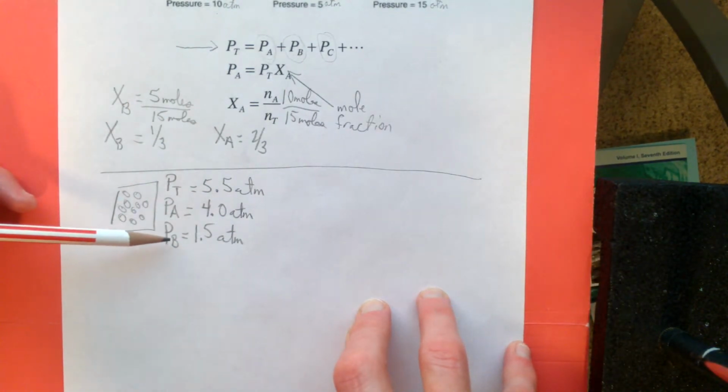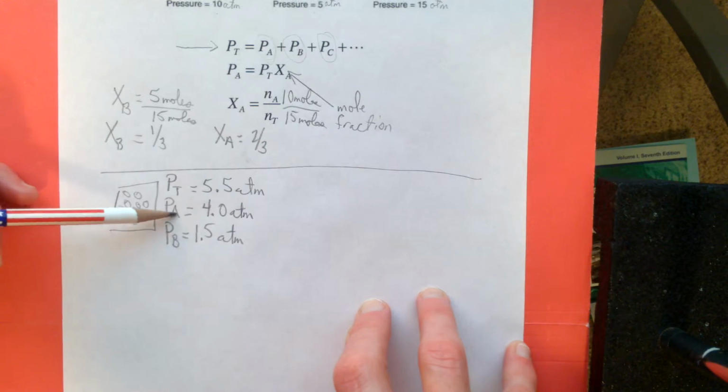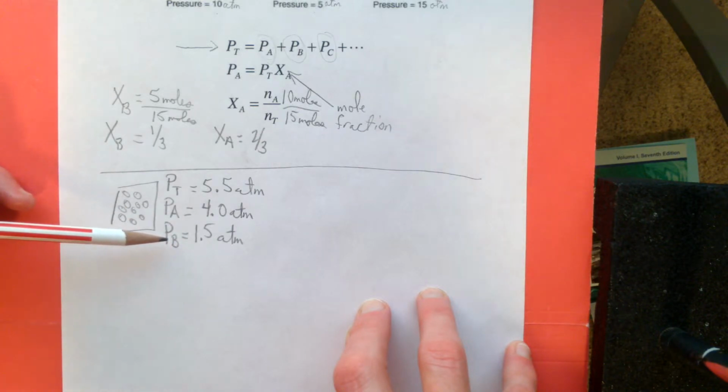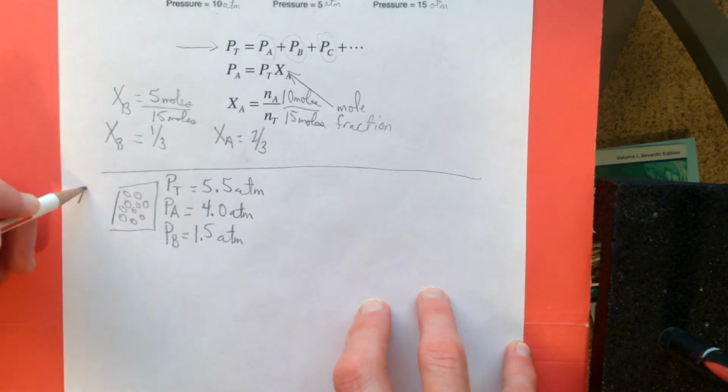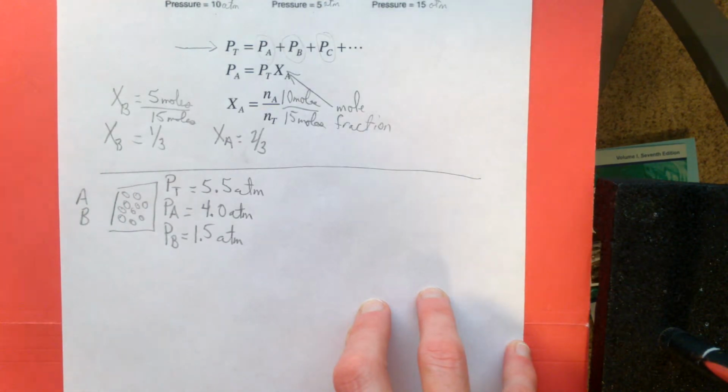Now, we can use these values to help us figure out the ratio of the two different gases in here in terms of moles. And from moles, we could go to molecules using Avogadro's number.